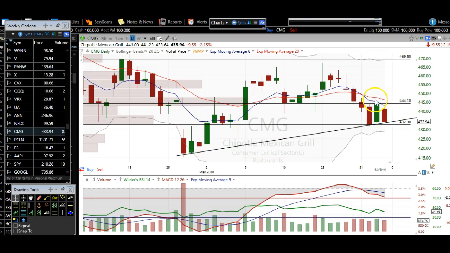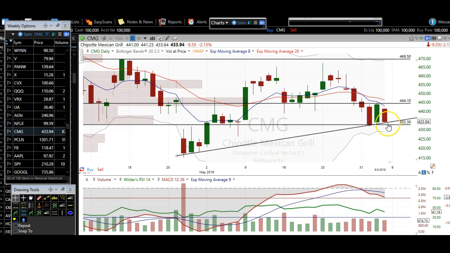It's also where the couple of moving averages that we have here, the 20-period exponential moving average is this red line right here, and then we've got the blue line, which is the 8 exponential moving average, and they're both right around 444. We've also got support at 432 from the lows of these few candles here, and these few candles here closed above that level as well.